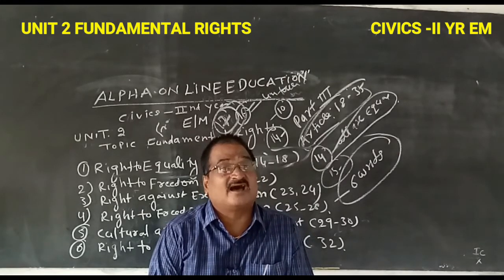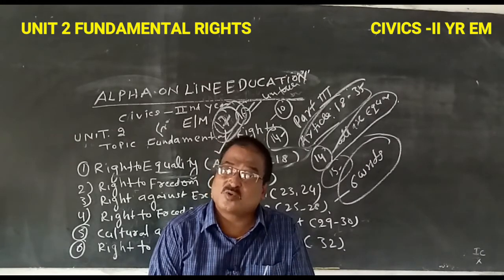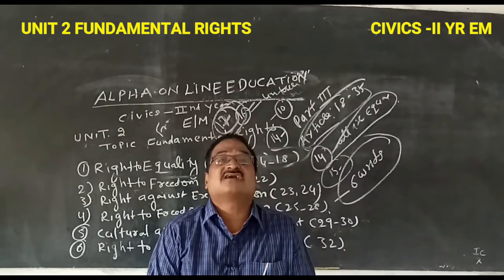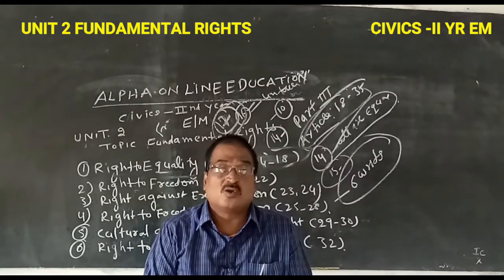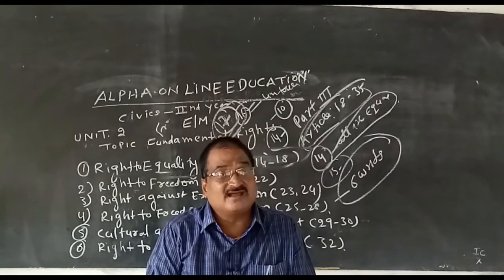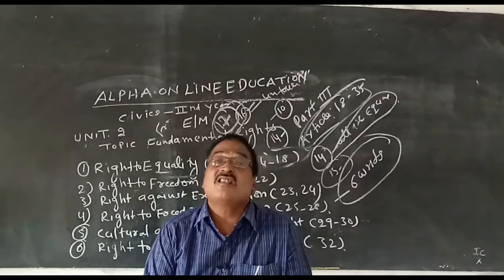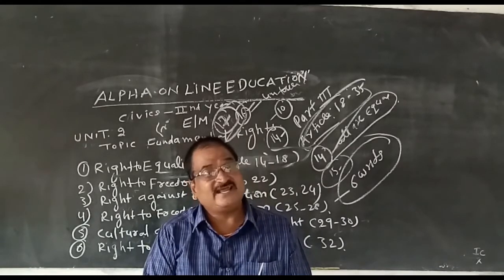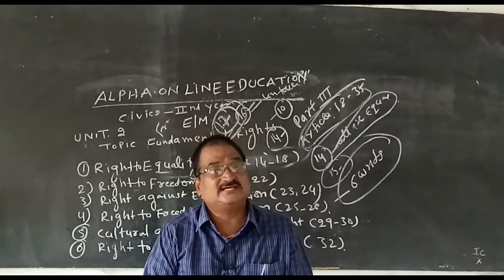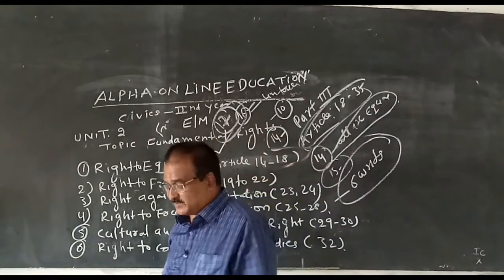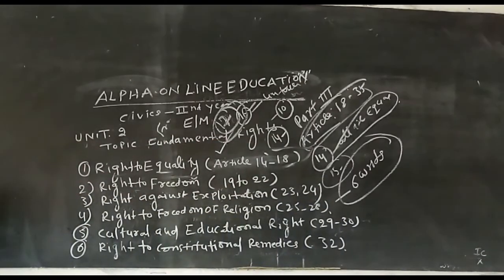These six are all issued by the courts, so all fundamental rights are protected by the courts. In our Indian Constitution, Part 3 deals with these six fundamental rights. Every citizen must use his fundamental rights and live freely in India. So this is the topic of fundamental rights.